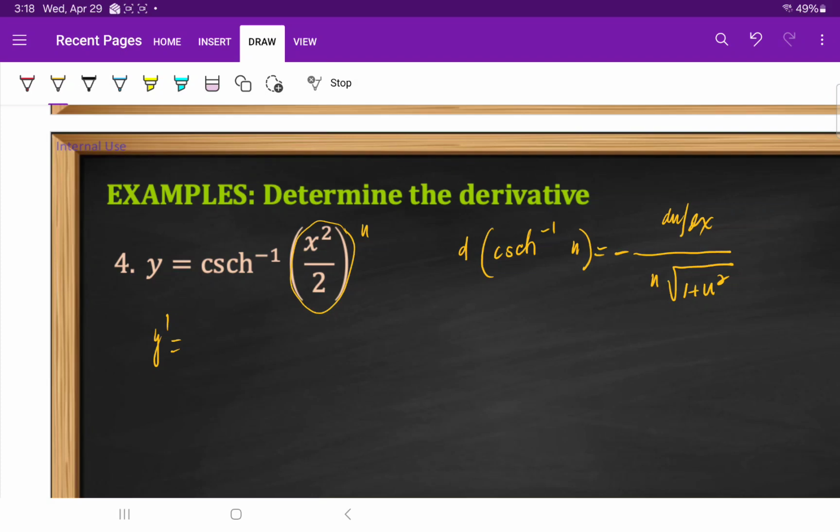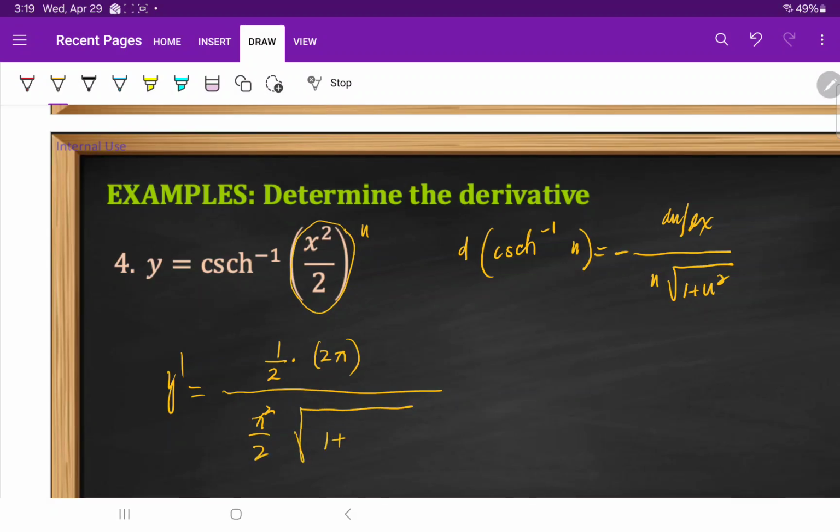Alright, so what is our y prime? Okay, hold on. For y prime, we have the derivative of u. And your u is x squared over 2. So you could write it as 1/2 times x squared. So 1/2 times the derivative of x squared, which is 2x. Then we divide it by u, which is x squared over 2 times the square root of 1 plus u squared.